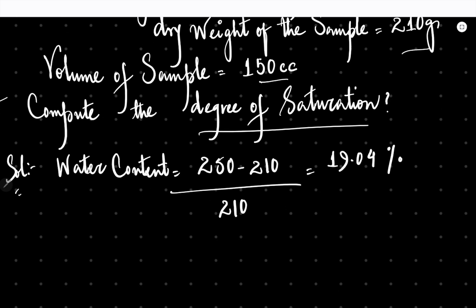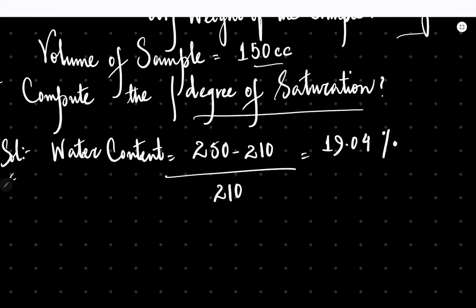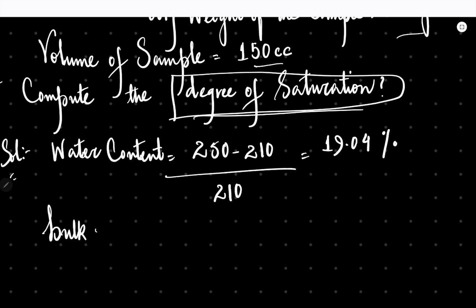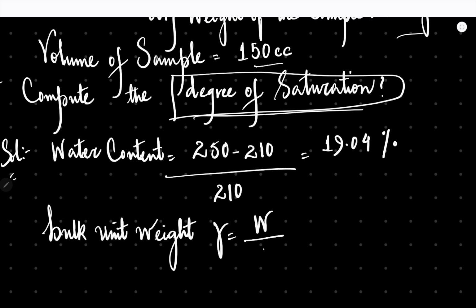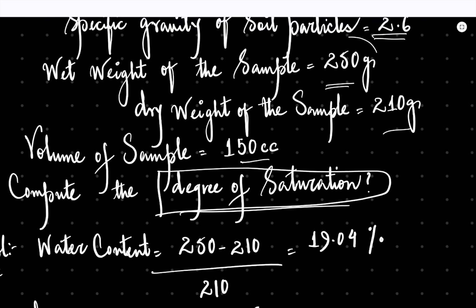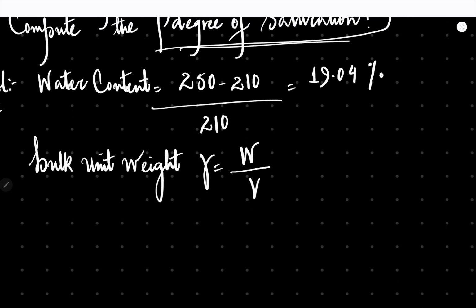Alright, but our goal is to find the degree of saturation. See how we'll arrive at this. Next thing, we'll find the bulk unit weight. Bulk unit weight is weight per unit volume. But which weight? Weight in the bulk state or the moist state or the wet state. That is how much? 250 grams.